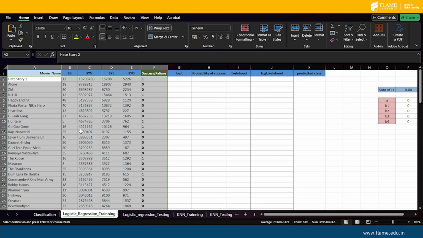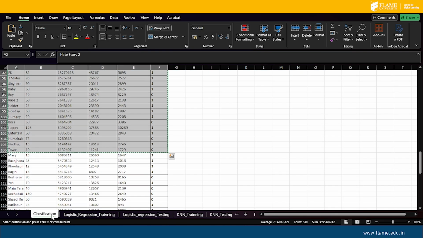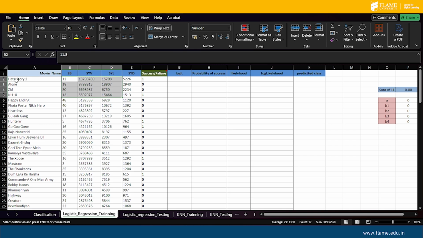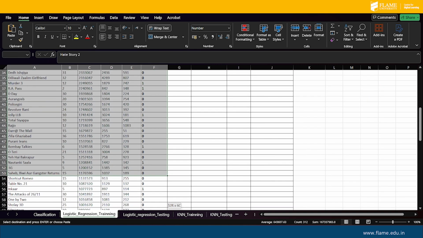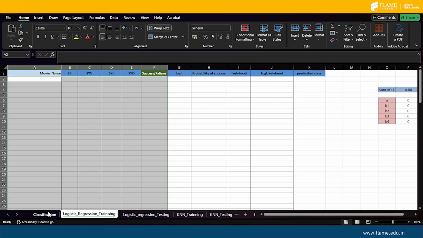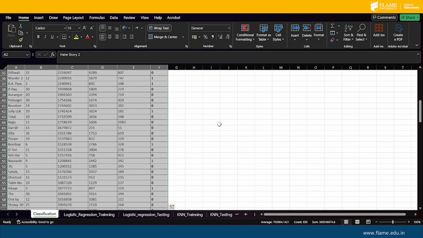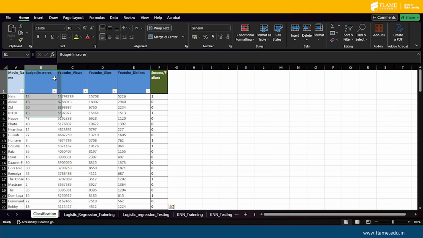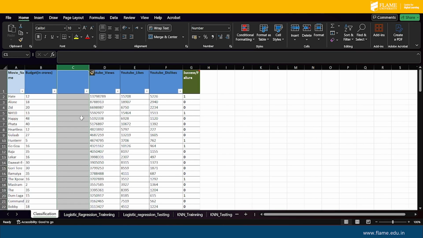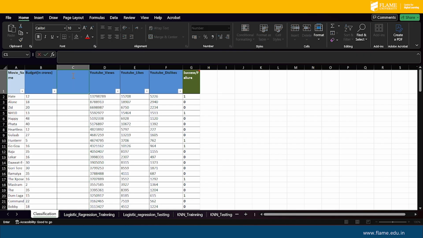So first let us standardize this data. Just remove the data set that we have considered, and let us treat our data set first. How to treat? We will create separate columns for every feature. So I will use insert, then I will write standardize budget.